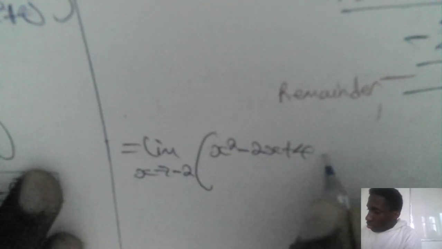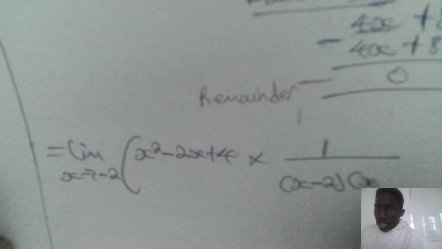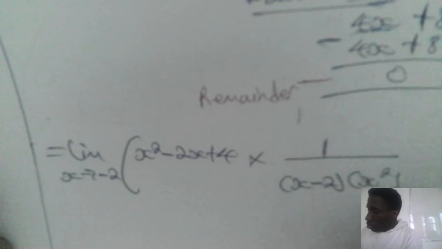So the limit takes us to the limit as x approaches minus 2 of x squared minus 2x plus 4 multiplied by 1 divided by x squared plus 4.